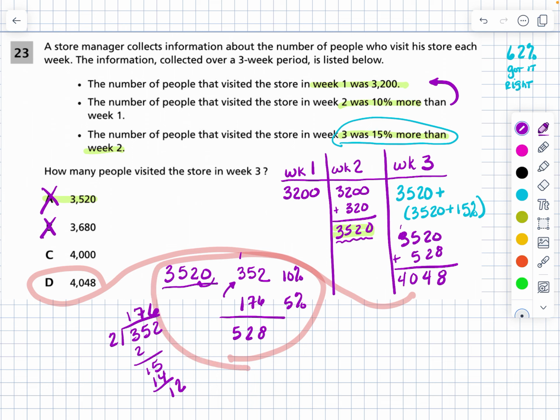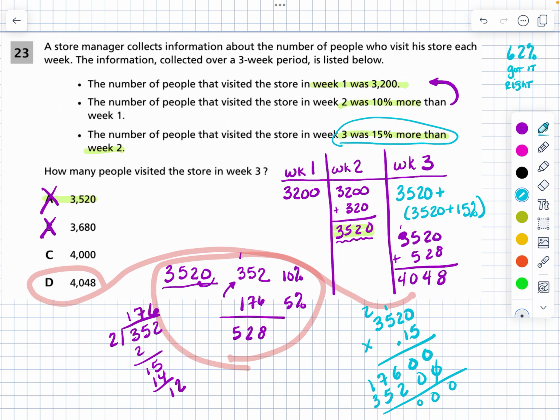But if you don't like all of this method, I'm going to show you another way to do it. And that is just going 3,520 times 15%, which is 0.15. So 5 times 0 is 0, 2 times 5 is 10, 26, 3 times 5 is 15, 16, 17. Now put a 0 placeholder. 1 times 0 is 0, 1 times 2, 1 times 5, and 1 times 3.